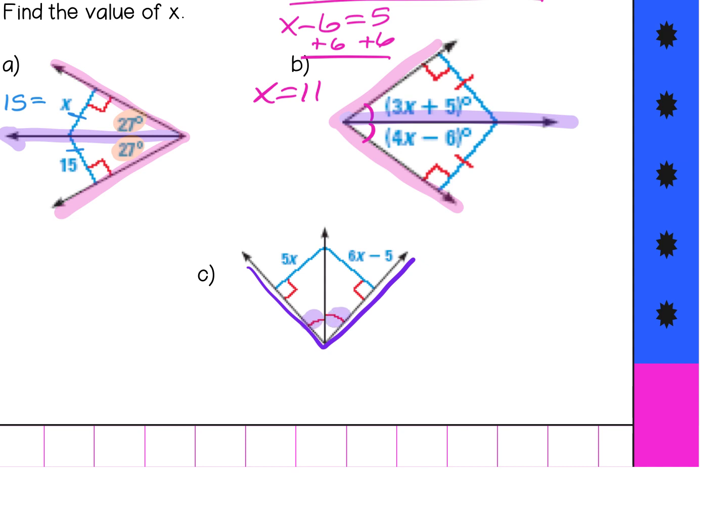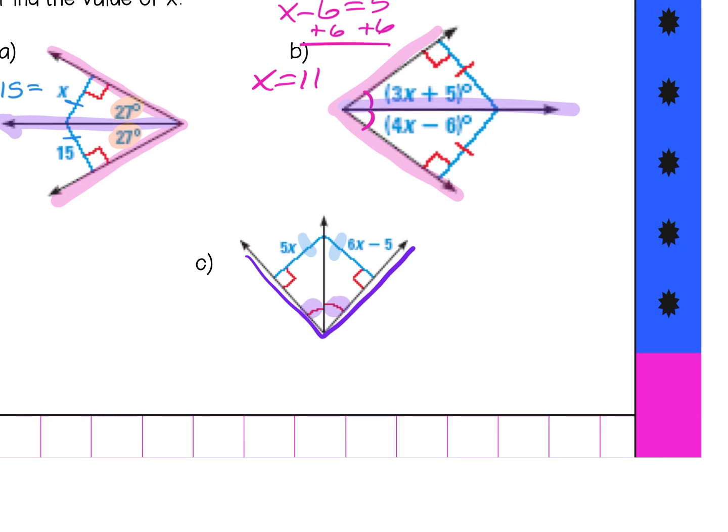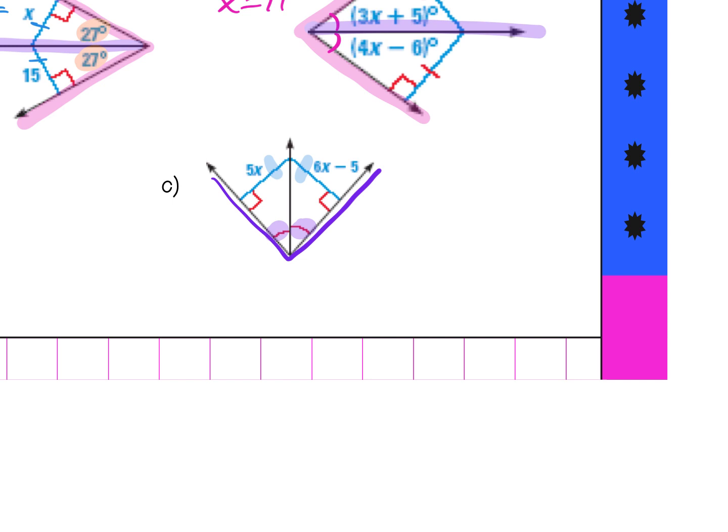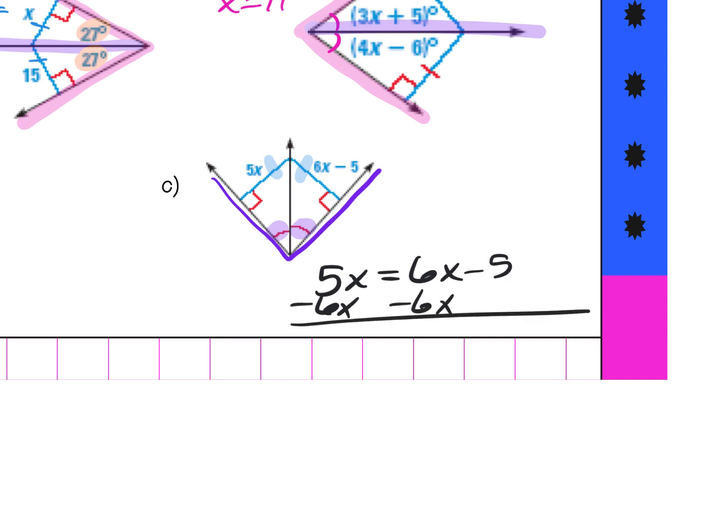So that tells me that these two segments are equidistant from a point on that bisector to the sides of the angle. So I'm going to set 5x equal to 6x minus 5. Subtract the 6x. Negative 1x equals negative 5. Divide by negative 1, and x equals 5.